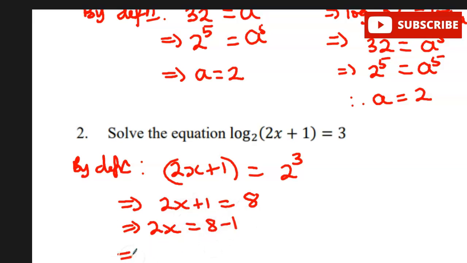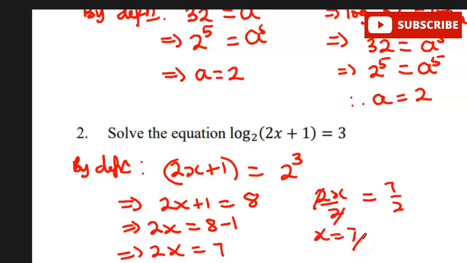Understand this? So 2x will be equal to 7. So 2x on 2 equals 7 on 2, so x is 7 on 2, or 3 whole number 1 on 2. Yes, you can use the second method: express this one as a single log, and then we take antilog on both sides.